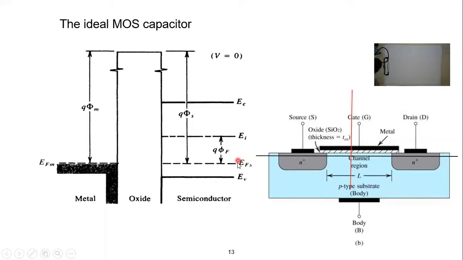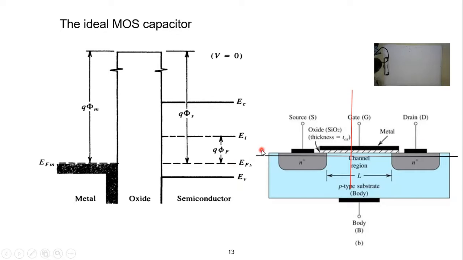So we have EF. EF is closer to EV because this is a p-type, and this is EI, the intrinsic Fermi level, and this is EC. So this is a very normal energy band diagram with an intrinsic Fermi level in the middle. The Fermi level is now more toward the valence band because this is a p-type, and so on.